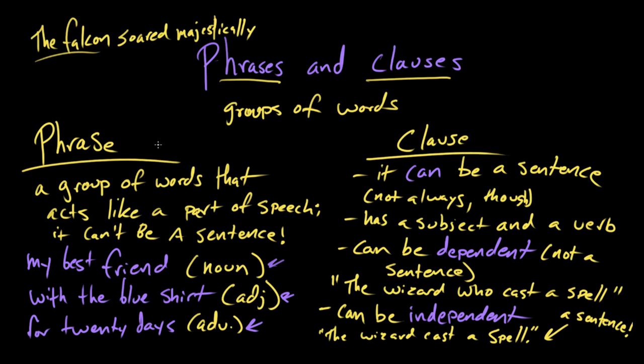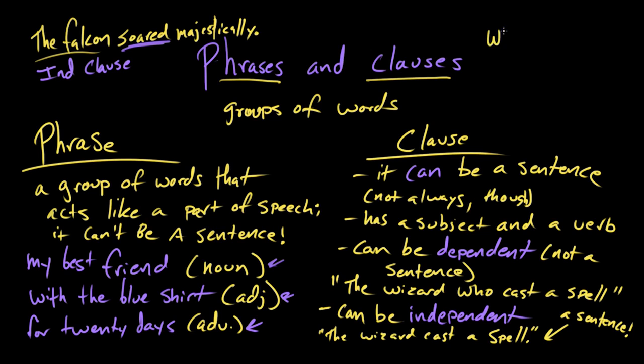But is it just a phrase on its own? I would have to say no, because it's got this verb, soared, and this adverb, majestically. So the falcon soared majestically. I would have to say this is a clause. Would I be right? You would be right. That's not only a clause, but it's an independent clause, so it could be its own sentence. End it with a period.